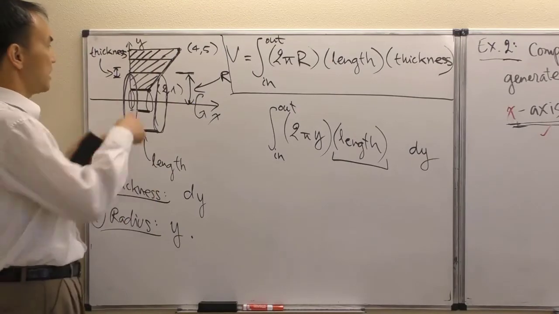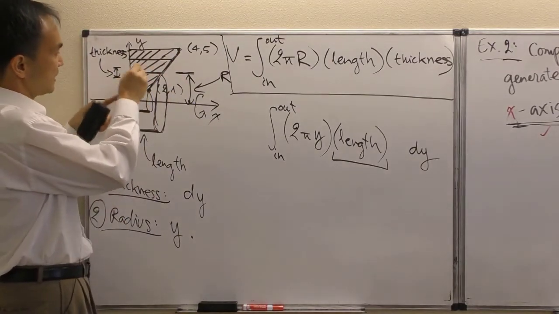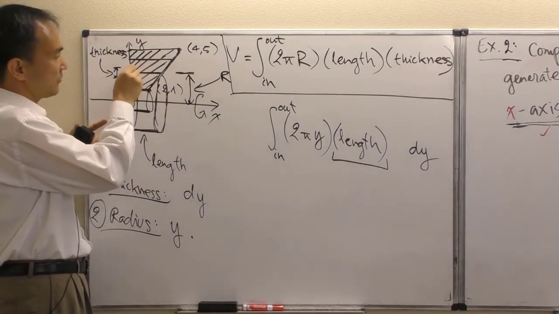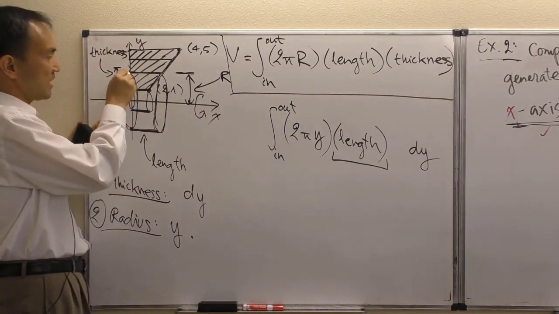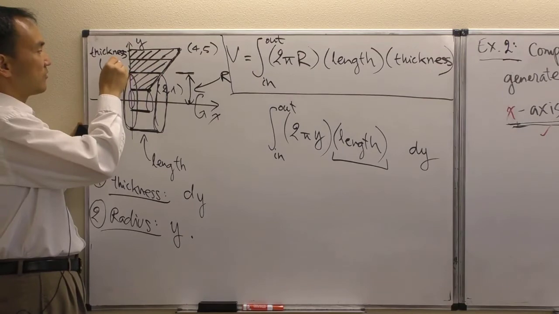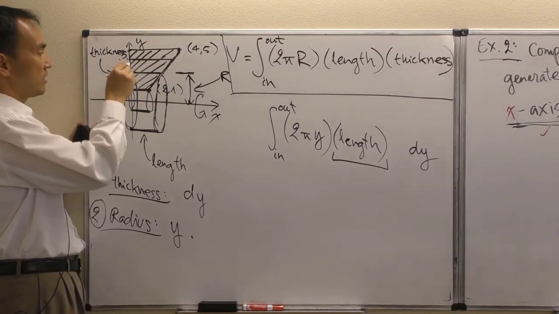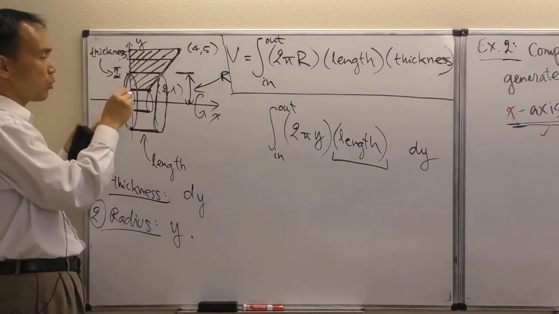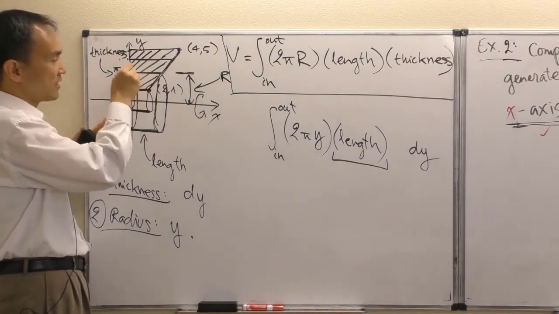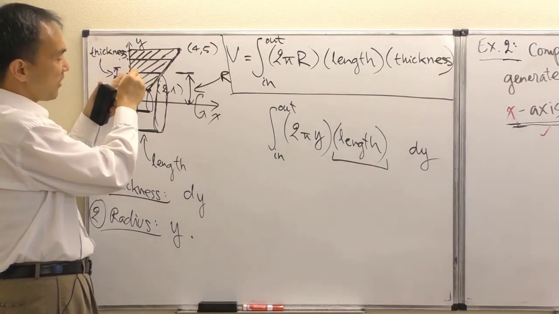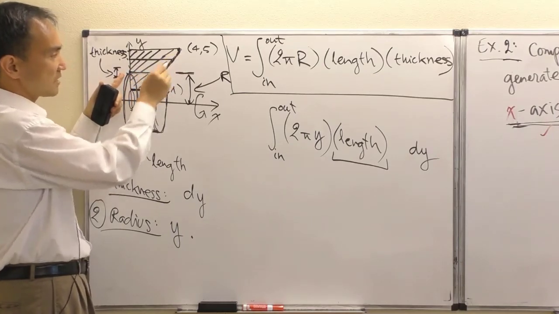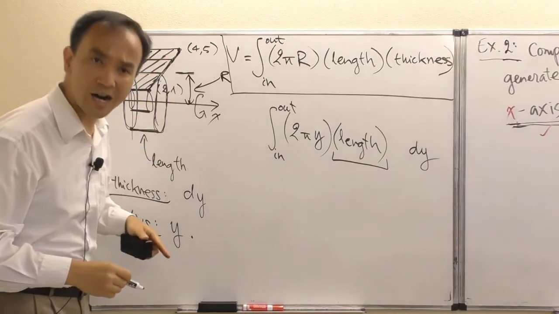Now, the length of the stripe varies depending on where we place it. At any y value, anywhere on this y-axis, if we place a stripe parallel to the x-axis, then the stripe is the function output if we can express that line in terms of y.